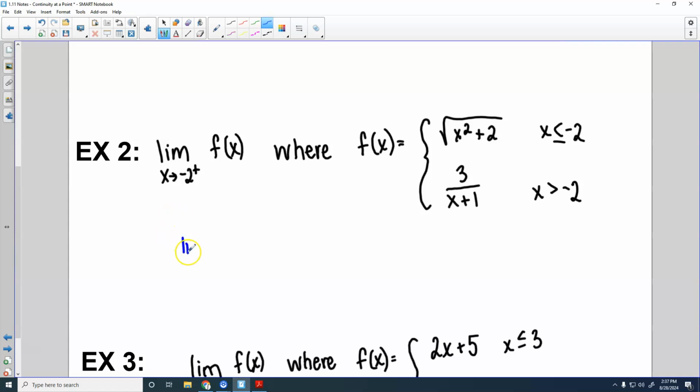So I like to write it this way to be very clear. Limit as x approaches -2 from the right. I like to go ahead and say of f of x, which is the entire piecewise function. And then I like to show which piece I'm using by doing this. Limit as x approaches -2 from the right of 3 over x plus 1.